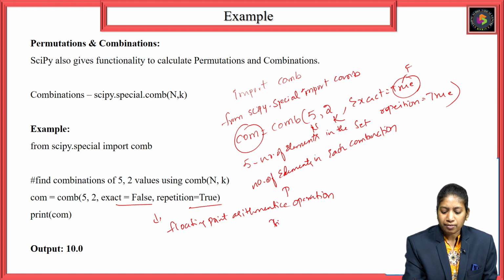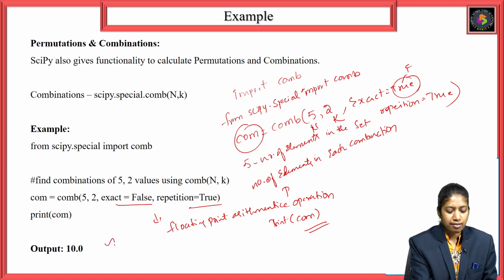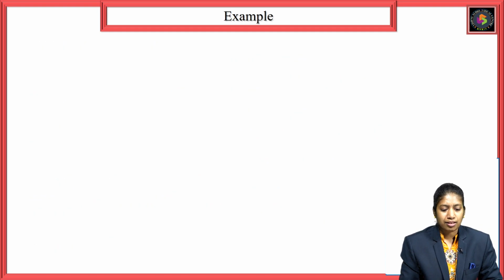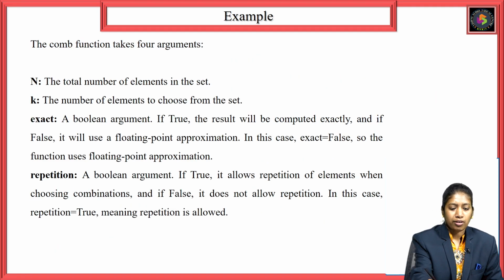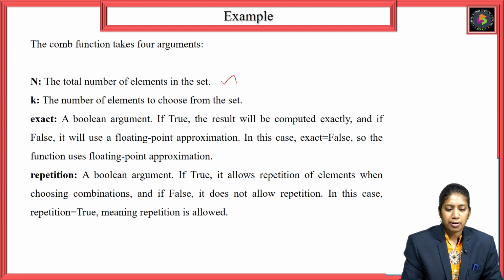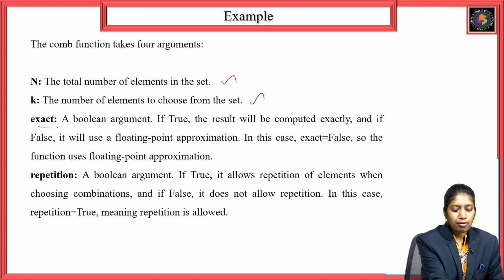Now I am printing the comb result. So how is this result obtained? As I mentioned, n is the number of elements in the set, k is the number of elements we are choosing from that set. If exact is true, the result is computed exactly, not as a floating point fractional value.